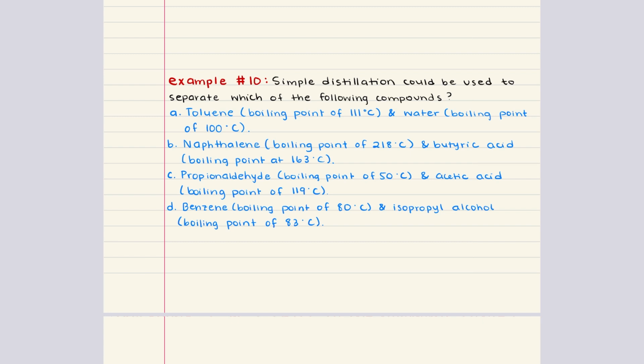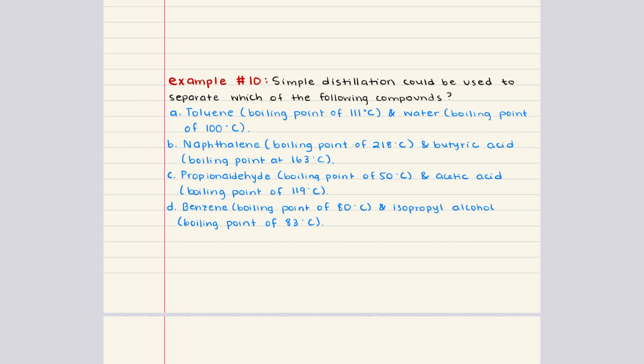Choice A says toluene, boiling point of 111 degrees Celsius, and water, boiling point of 100 degrees Celsius. That's only an 11 degrees Celsius difference, not enough for simple distillation. Plus, water and toluene are immiscible, so a better method here would be liquid-liquid extraction rather than distillation.